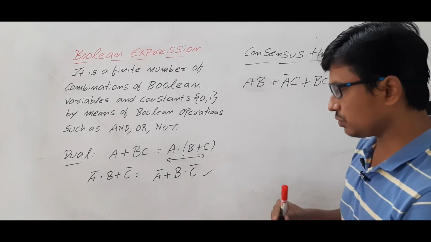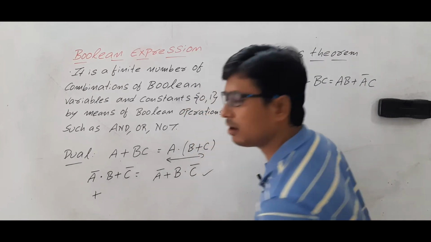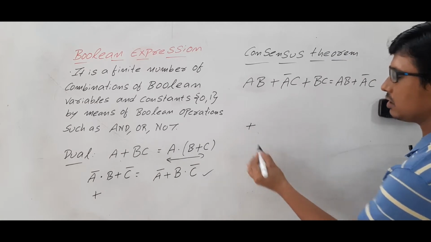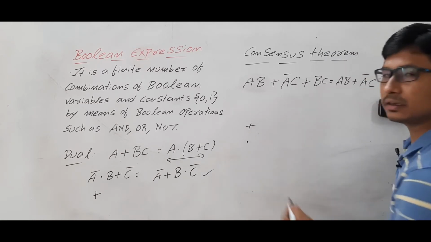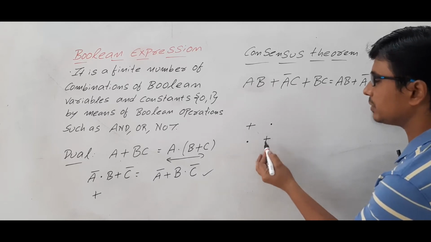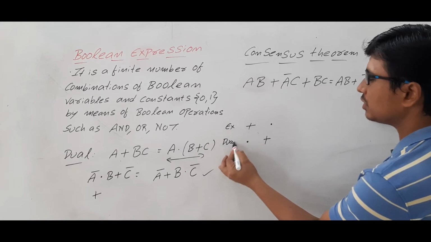If you want to write it as a generalized statement, if you have an OR, you will make it an AND. If you have an AND in the expression, in the dual you will make it OR. So this is your expression, this is your dual expression.